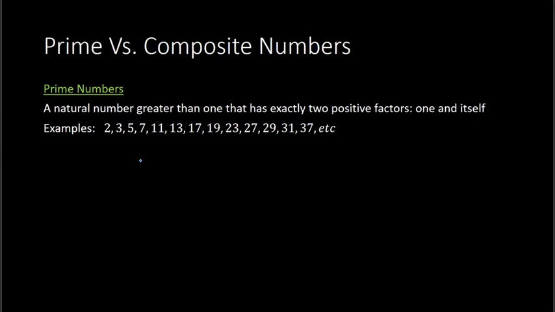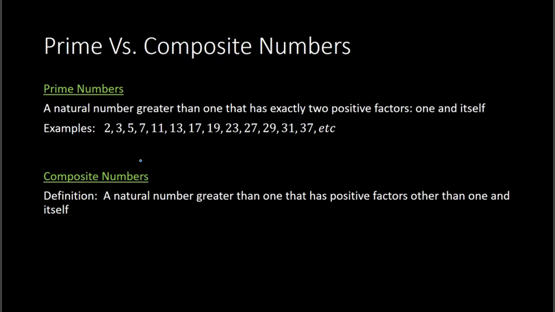All right, and that's different than composite numbers, because composite numbers would be something that has more factors than just 1 and itself. So for example, 4, 6, 8, 9, 10, 12, etc. would all be composite. If we take 4, for example, the factors of 4 are not just 1 and 4, but we can also have 2, because 2 times 2 is 4.